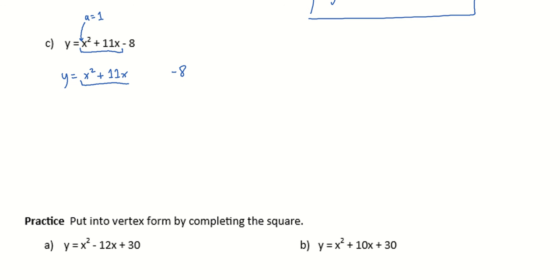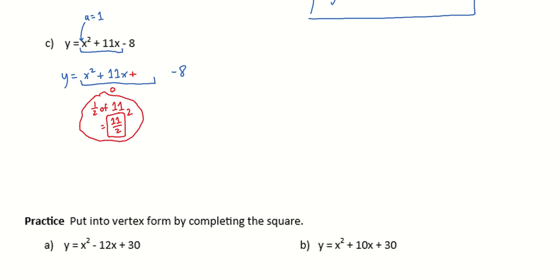Okay, group the first three terms together, and it's going to be plus something, so we're going to complete the square. The number that goes there is half of the middle coefficient, positive 11. Half of 11 is 11 over 2. That's the little magic number that we have.